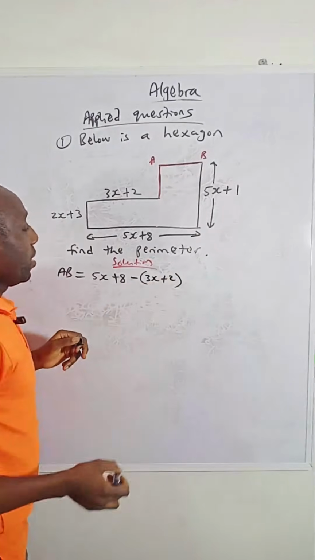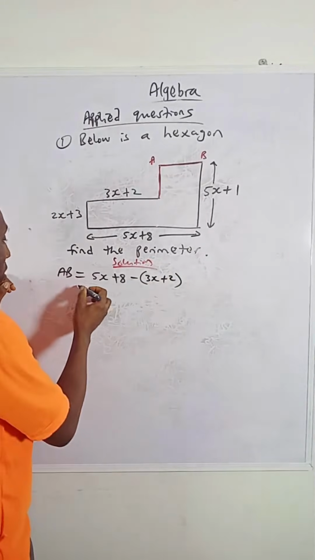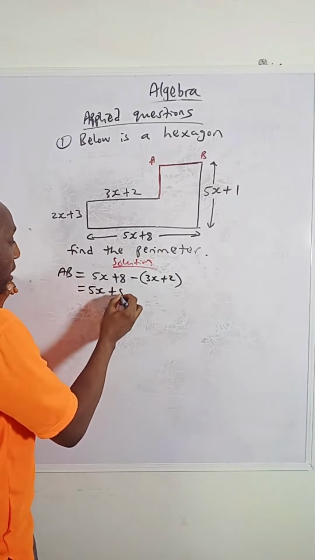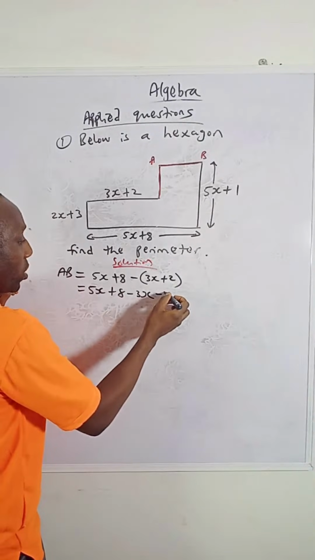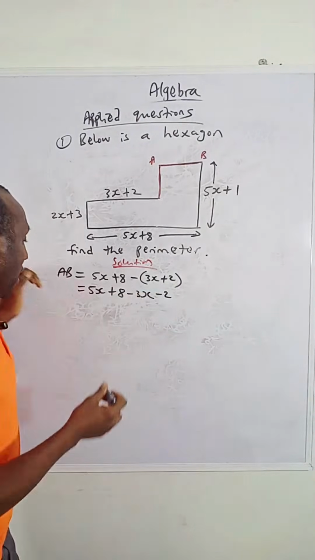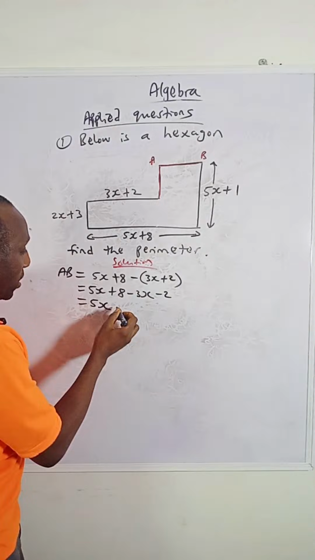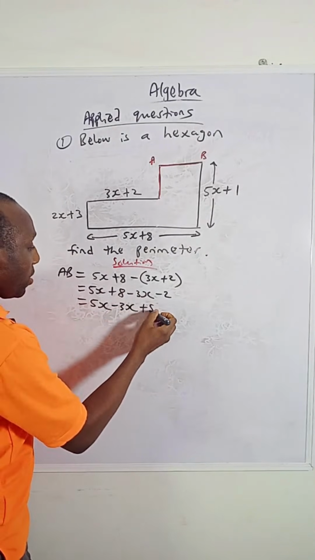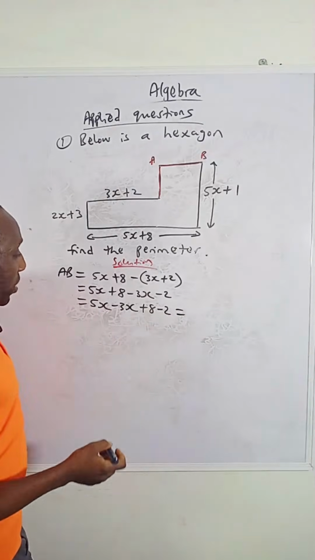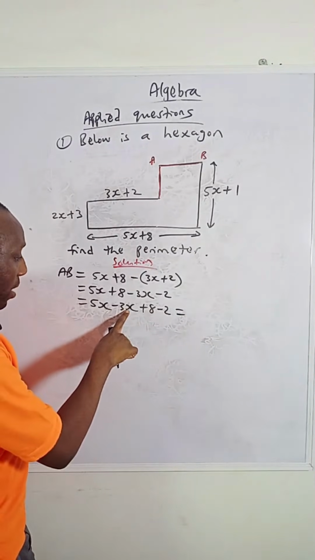Are you seeing that? Okay, so let's quickly work this out. This is going to be 5x plus 8 minus 3x, minus times plus 2 is minus 2. And this becomes 5x minus 3x, then plus 8 minus 2. Which will then be what? What is 5x minus 3x?